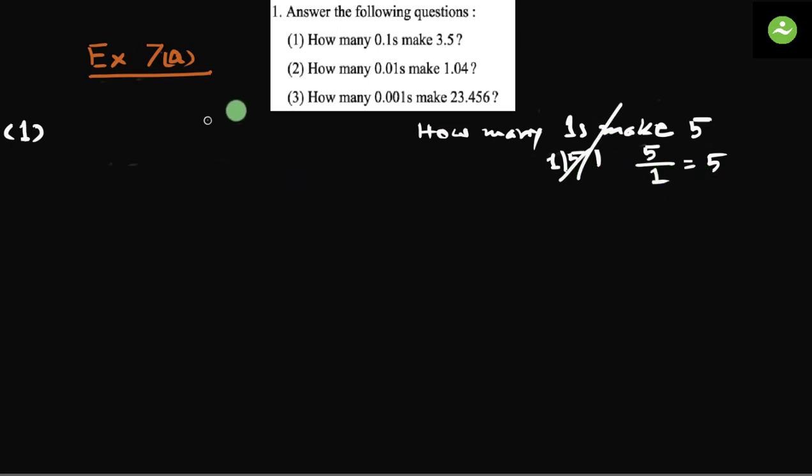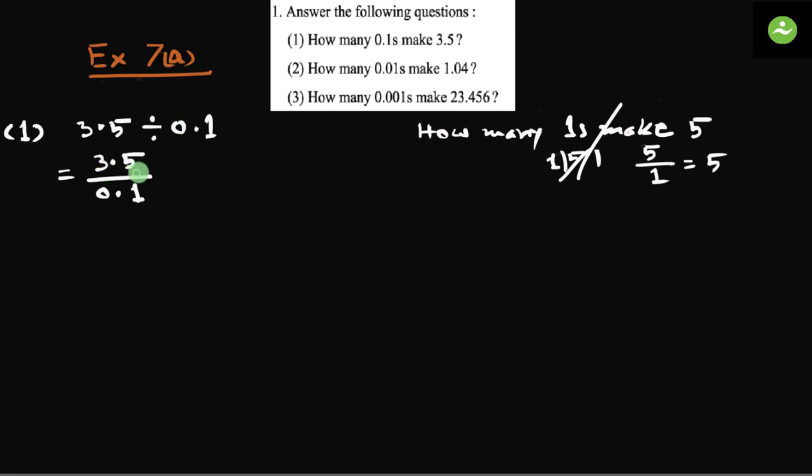Similarly, here we find out how many 0.1s make 3.5. We divide 3.5 by 0.1, which equals 3.5 over 0.1. This is the dividend, and this is the divisor.